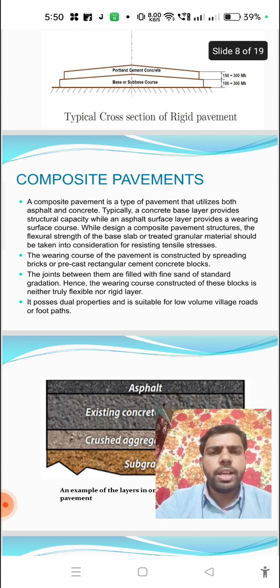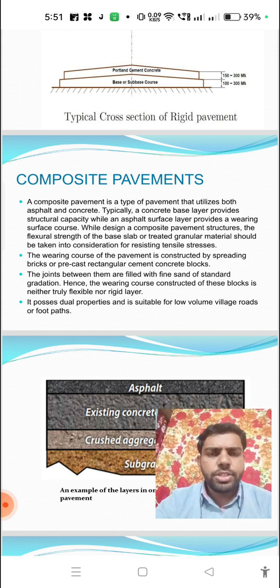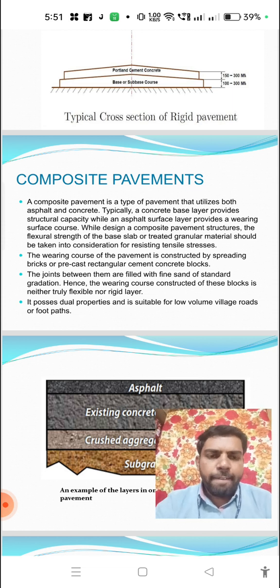So only two combinations are involved here, and that's why it is called composite pavement. This type of pavement is preferred at toll gates, footpaths and pedestrian walkways.